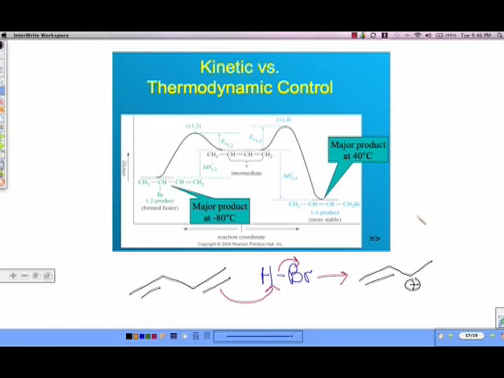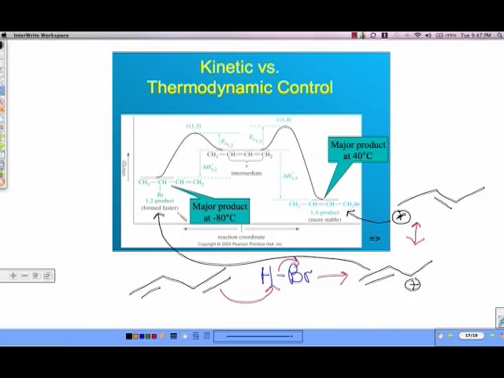Well, you have to realize that this thing can exist in one of two resonance structures, the way it is right there, and it also can exist like this. This structure will yield you the 1,4 product, where this structure will yield you the 1,2 product. Now, it says here at minus 80 degrees, which is very cold, we get predominantly 1,2 product.